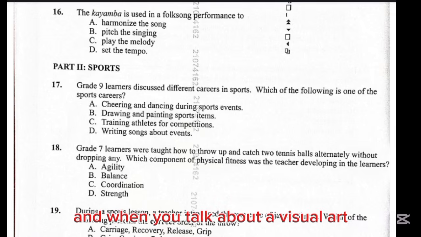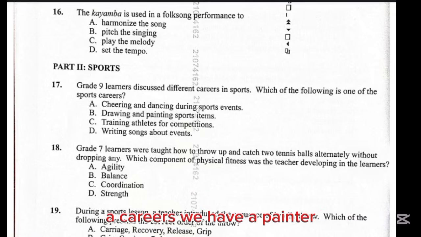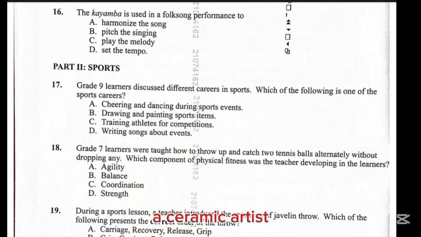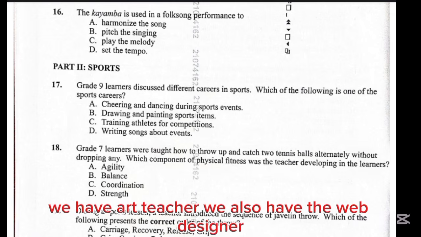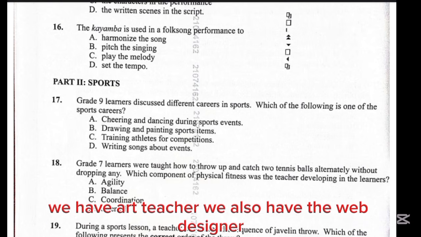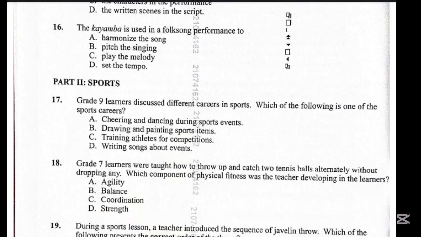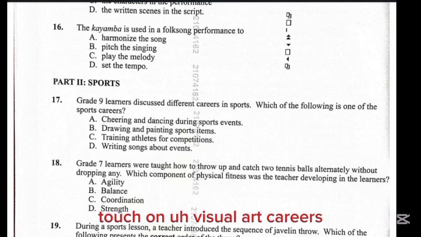When you talk about visual art careers, we have a painter, a sculptor, a photographer, a ceramic artist, an art teacher, a web designer, an animator, and an art therapist. Those are the ones that touch on visual art careers.